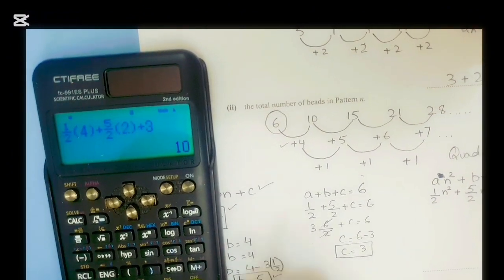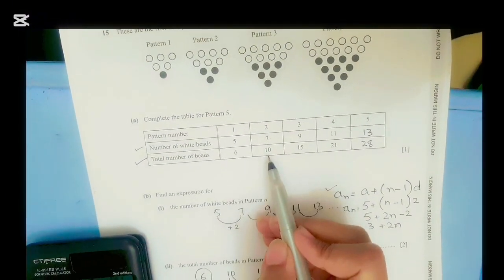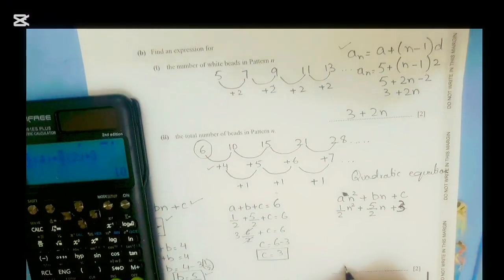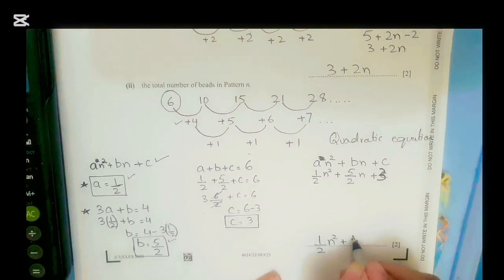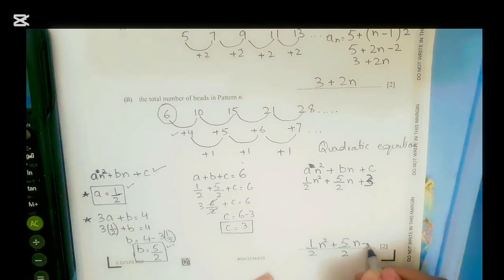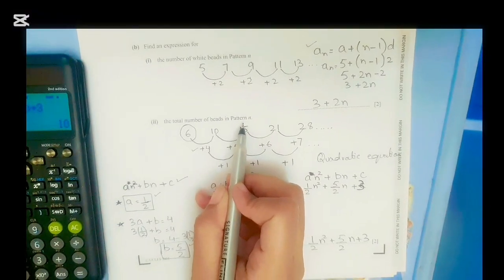So we can get 10. So you can see that the second pattern is 10. So we have done this correctly. 1 upon 2 n square plus 5 upon 2 n plus 3. This is the formula for finding the total number of beads in pattern n.